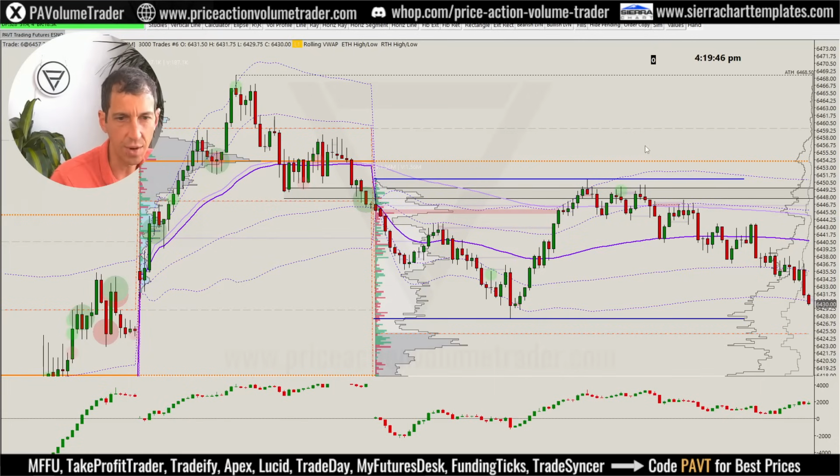Okay, and you can see here I have marked off this gray zone. Once we go into the footprint chart, this is the area I want you to pay attention to, because this is where we're going to focus on the order flow.